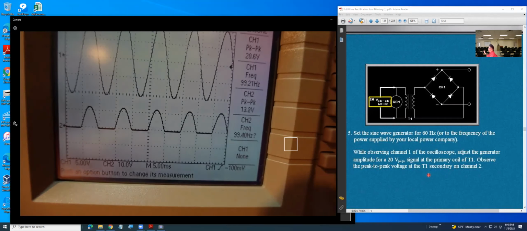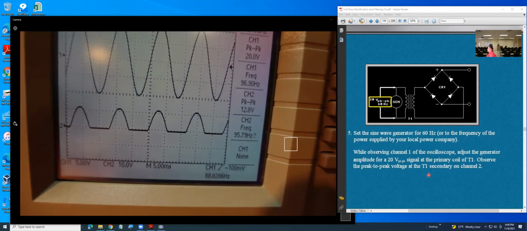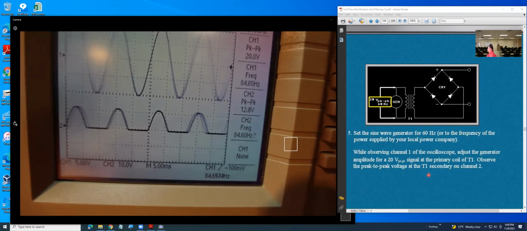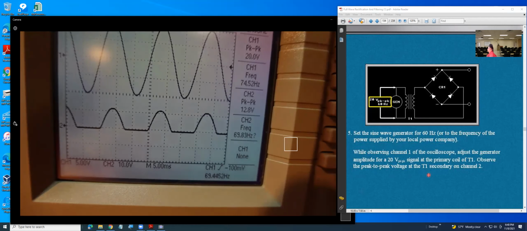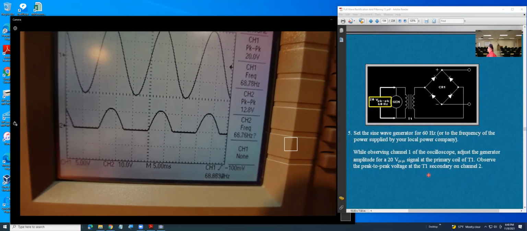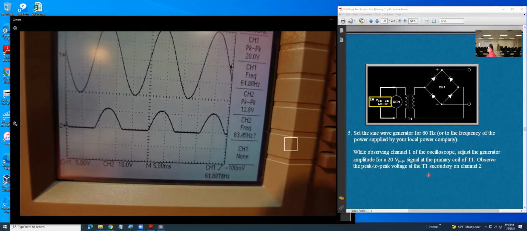Okay, 20.6. Let's go a little down. Okay, 20. And the frequency is now 60 hertz. I have to set that on the generator. Okay, lock to 60 hertz.